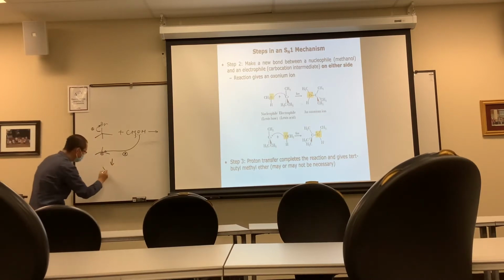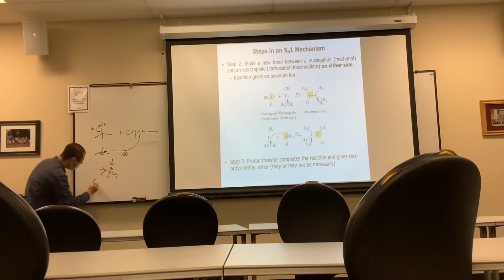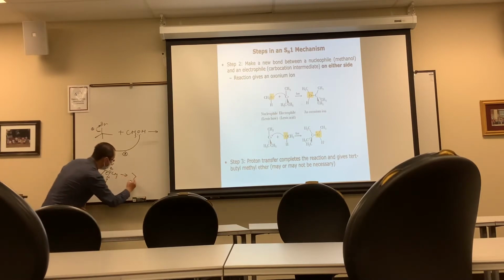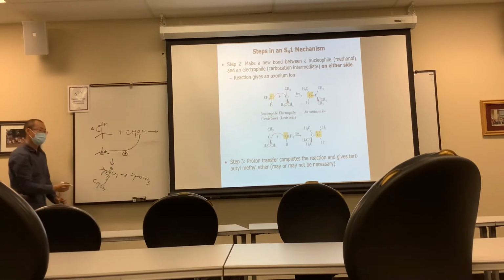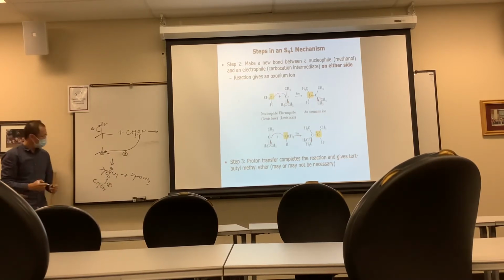We get a plus, because this one uses a pair of electrons to make a bond here. Then the third step is another alcohol takes a proton away to give you the product. Does it make sense? Yes, thank you. Okay, step 3. Let me write step 3. Take a look.